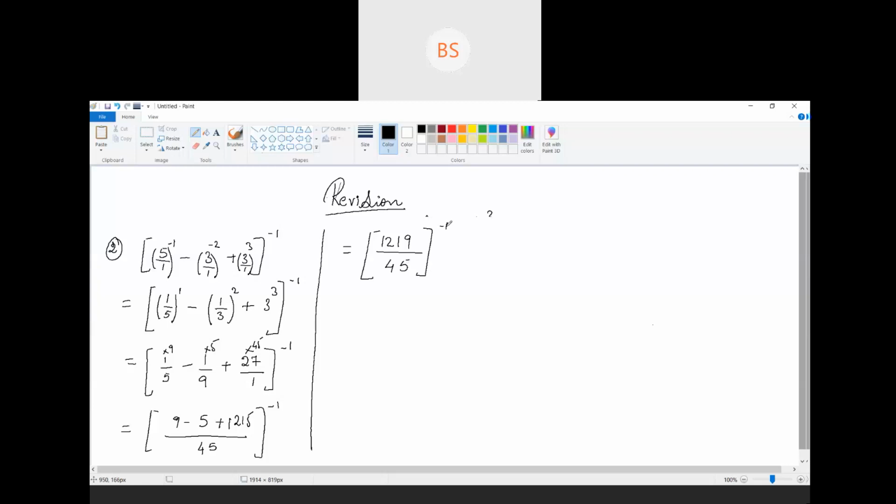So how will I make minus 1 plus 1? By taking reciprocal. Yes. So this will become 45 upon 1219 whole raised to 1. Got it?